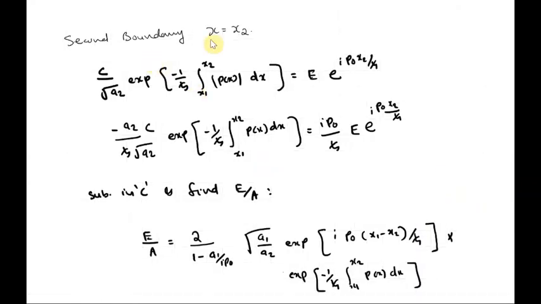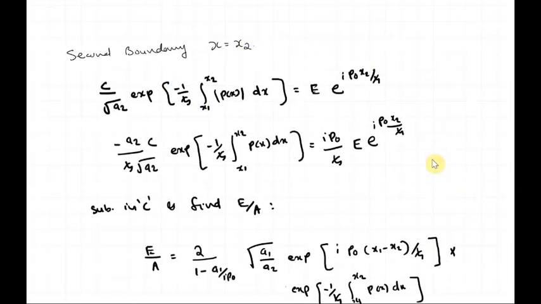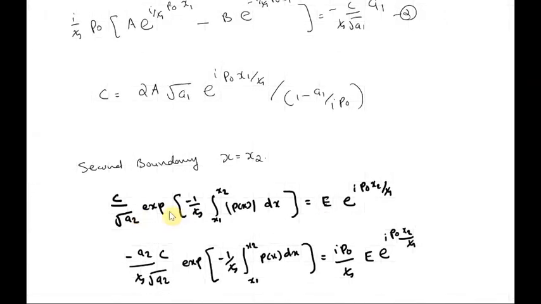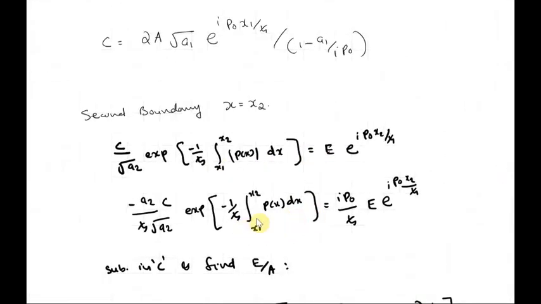Similarly, at the second boundary, that is at x equal to x2, you apply the boundary condition. When you apply the continuity of the wave function, you will get an expression like this. Then when you have the differentiability at the boundary, you will get something like this.